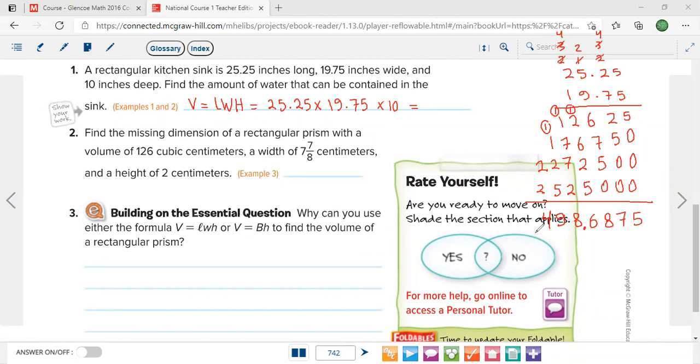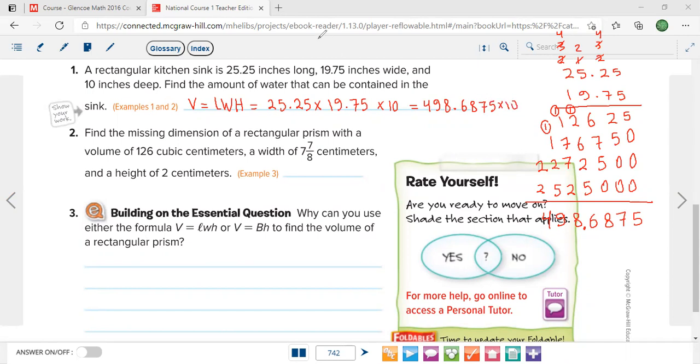So 25.25 times 19.75 equals 498.6875. All of this should be multiplied by 10.